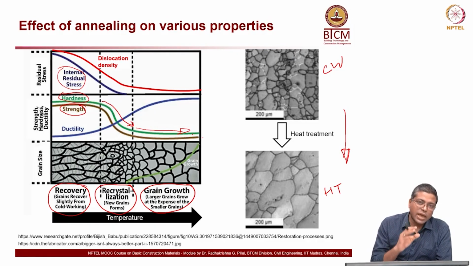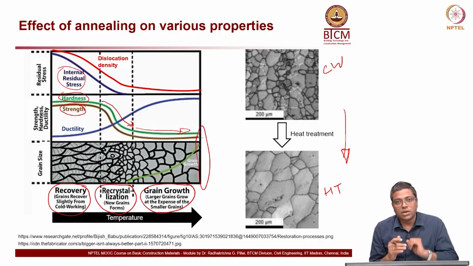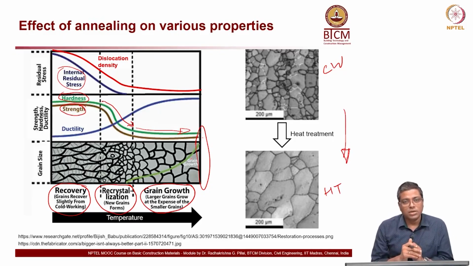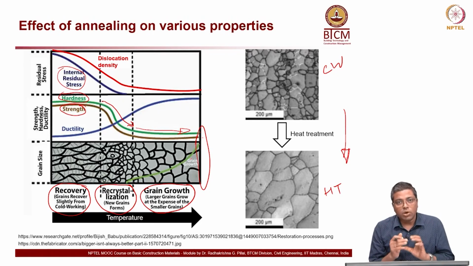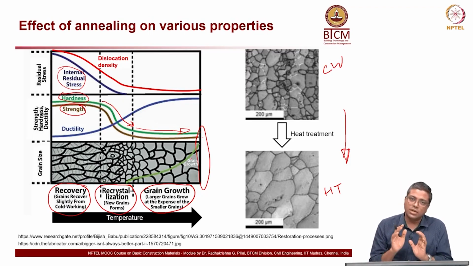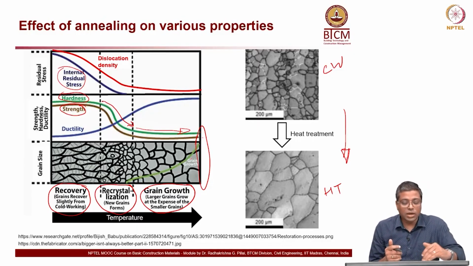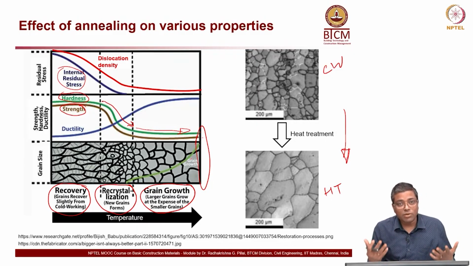At the end, what you want is sufficient strength, sufficient hardness and sufficient ductility. That is the objective, let us say. So, as long as all these properties are sufficient in nature, then it is okay to use that material. Just because one graph is going downward, you do not need to get worried about it.